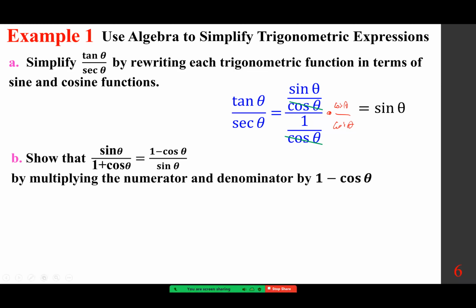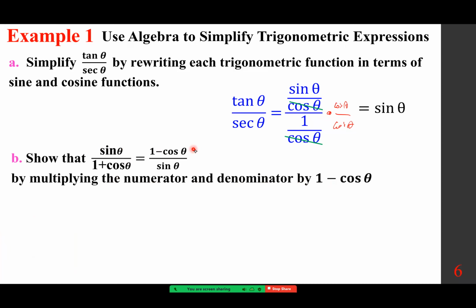Now, in this case, they have mentioned the methodology, but if they didn't, there are a couple of things that I want you to know. Many times we start from one side and get to the other, and we start with the more complicated side.